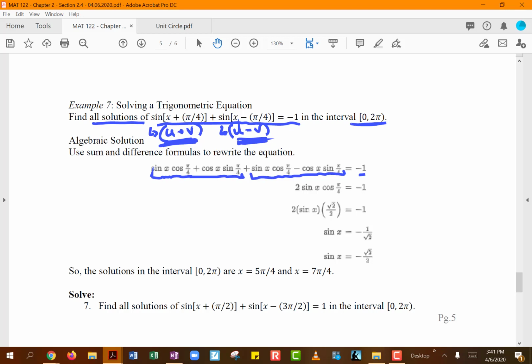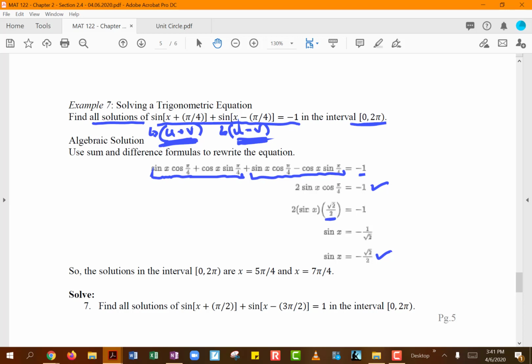Clean this up, combine your like terms, and you're going to end up getting the second step. Cosine of pi over 4 is of course your 45-degree angle, so that's where the square root of 2 is coming from. Sine of x will stay the same. Go ahead and clean this up, get your sine of x by itself, and you end up getting sine of x equals negative square root of 2 over 2.